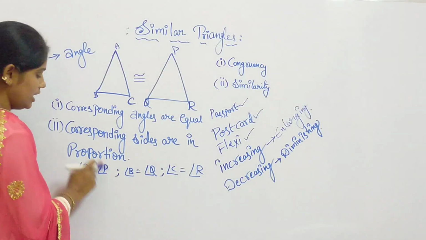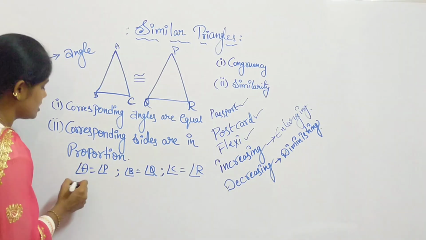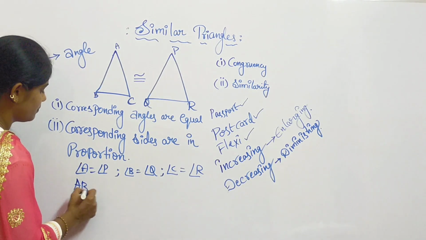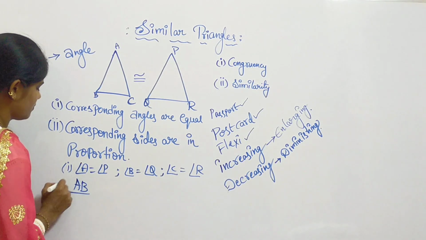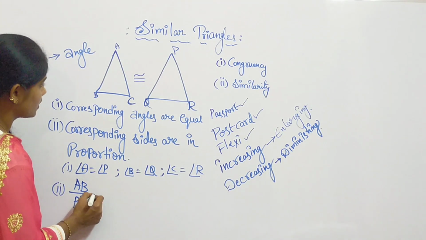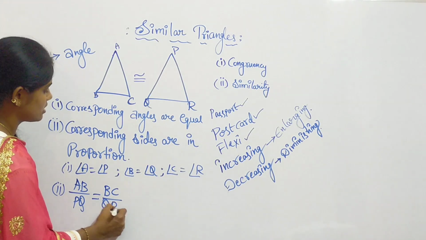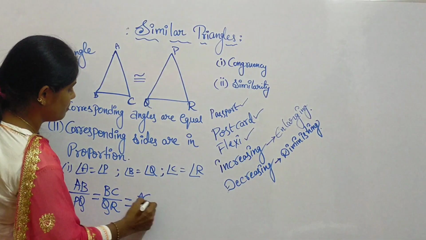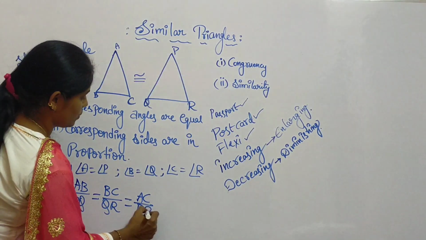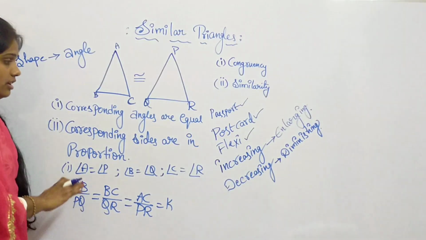Corresponding sides are in proportion means AB by PQ is equal to BC by QR is equal to AC by PR, which is equal to K. It is a scale factor.